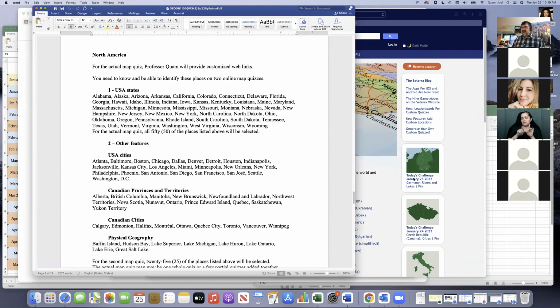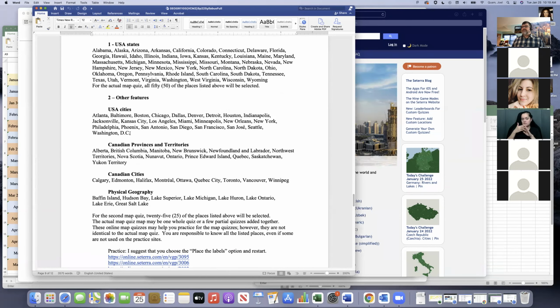Plus then these other features: US cities, Canadian provinces and territories, Canadian cities, and physical geography. That includes the Great Lakes, for instance. So those places are the ones you need to know. And again, as always, I choose 25 of those places for the map quiz.